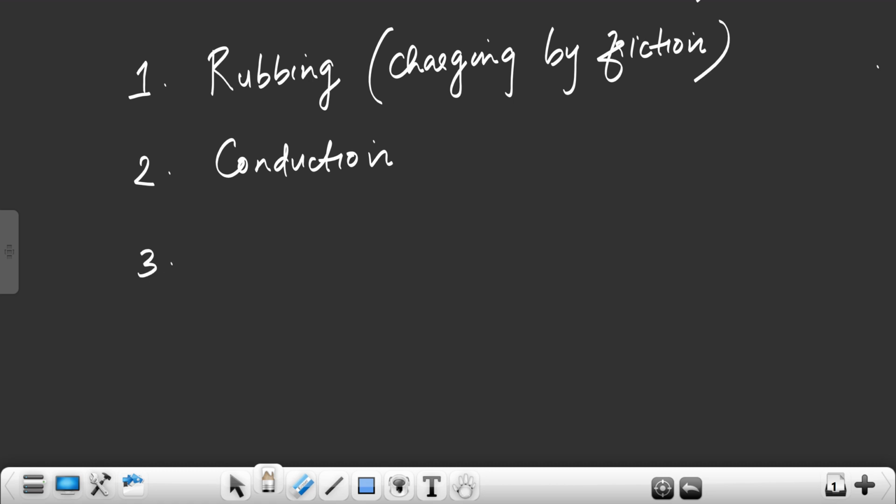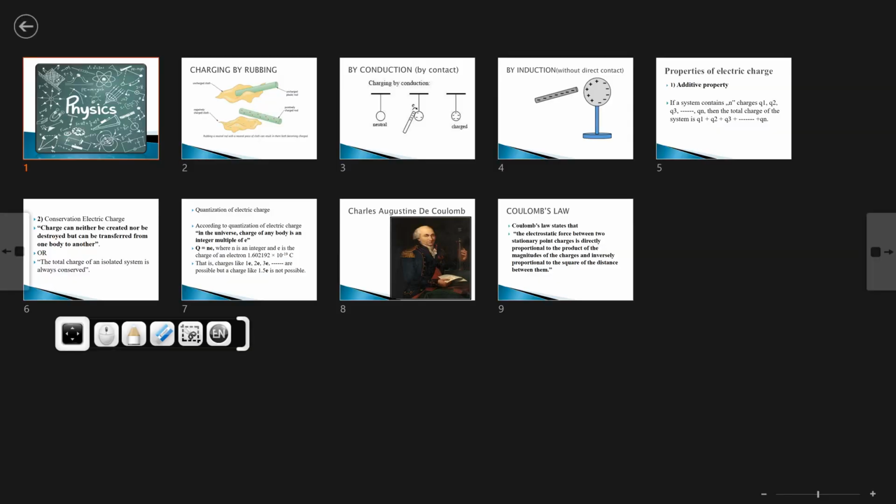And the third one is induction. These are the three methods to charge an uncharged body. First one is rubbing, second one is conduction, and the third one is induction. We can discuss each one in detail.